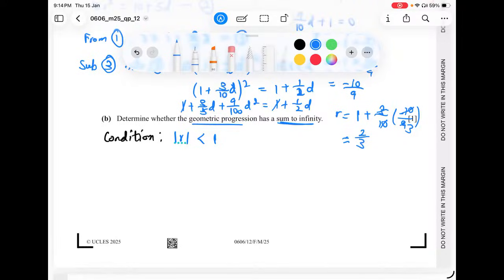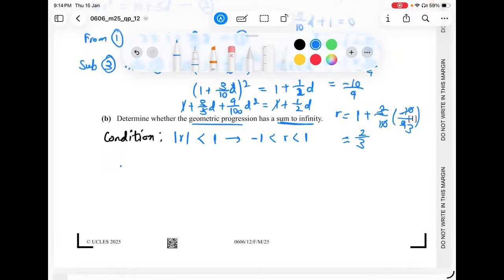You can expand this to say that it should be in between negative 1 and 1. That's the expanded or generalized form. So you need to just check if the r is between this.